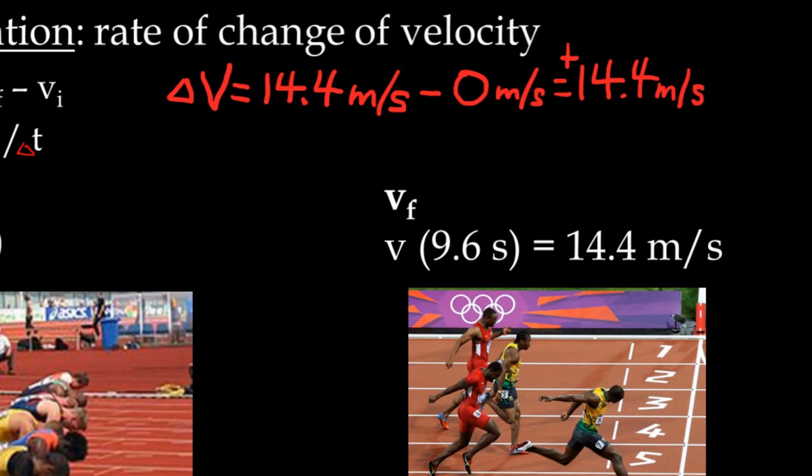His change of velocity, or another way of saying it, he increased his velocity from 0 to 14.4 meters per second. His change of velocity was plus 14.4 meters per second. He was moving to the right.